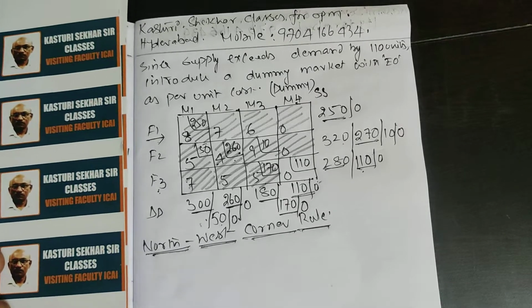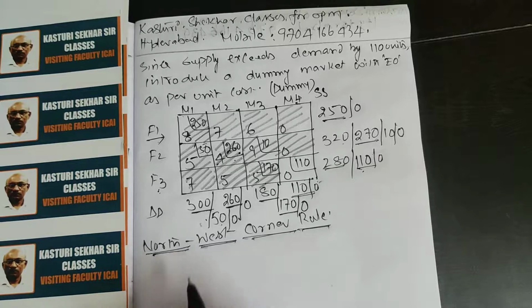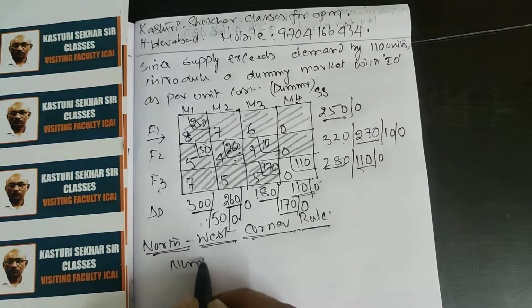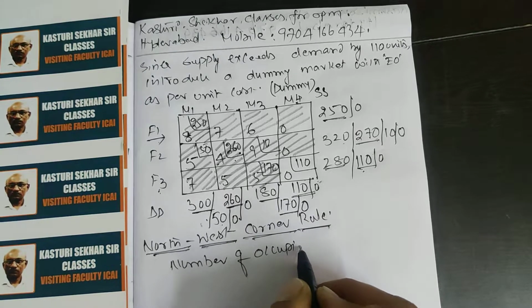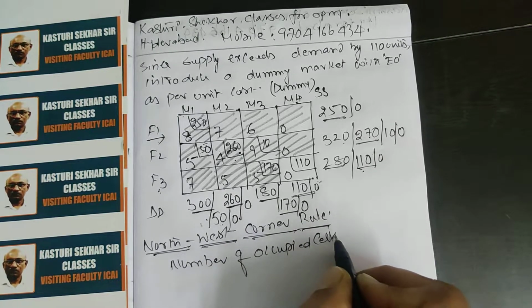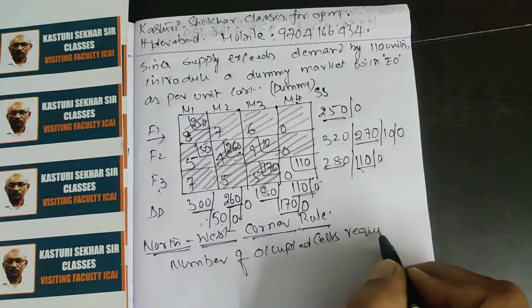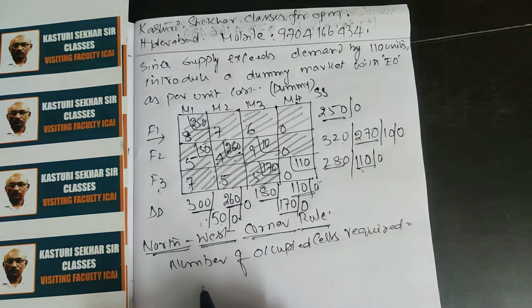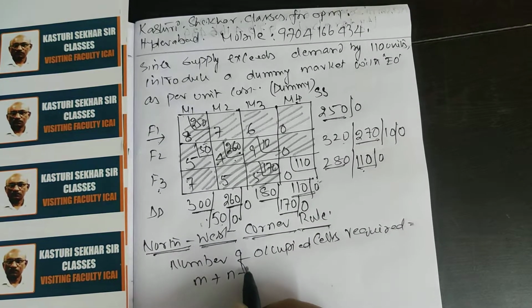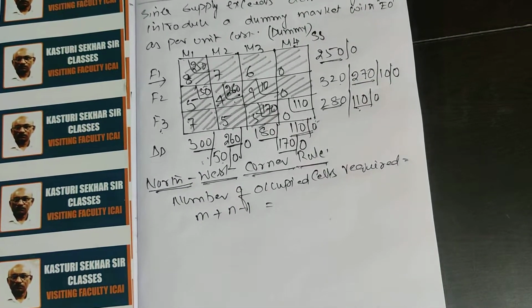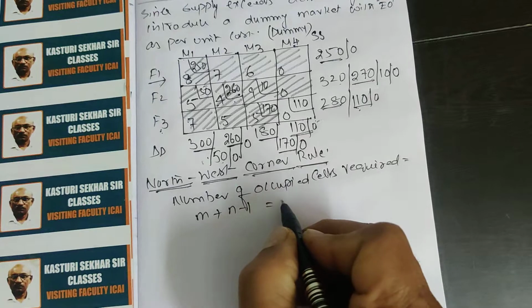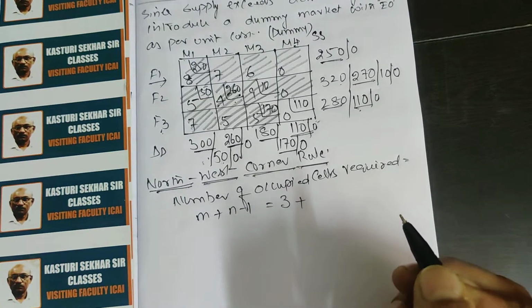Now let us verify the conditions. Number of occupied cells required is equal to m plus n minus 1, where m stands for number of rows. 3 rows we have.